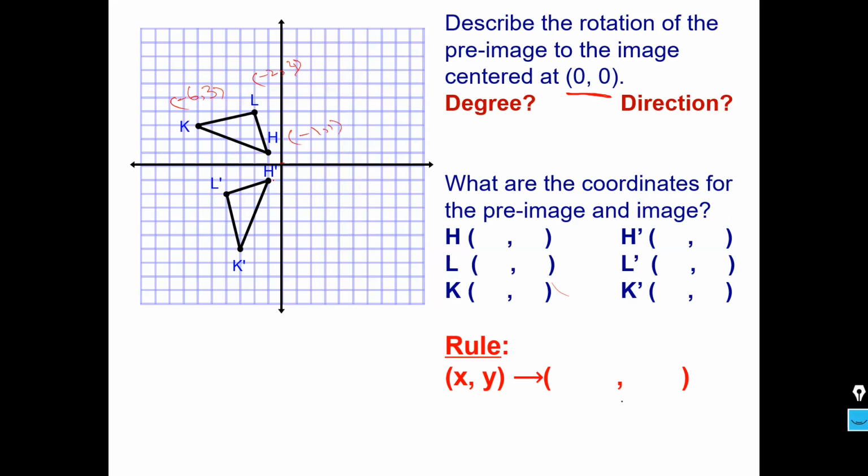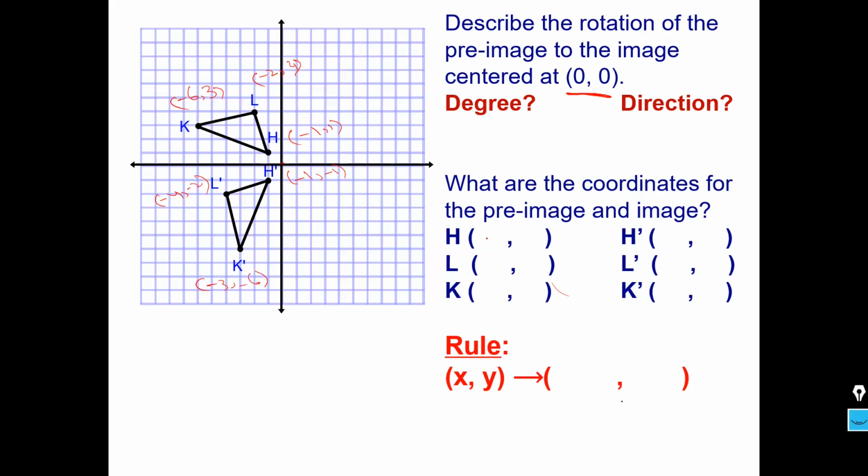Now look here, what is H'? H' is (-1, -1). L' is (-4, -2). And for K' we got (-3, -6). Now we place the values here.